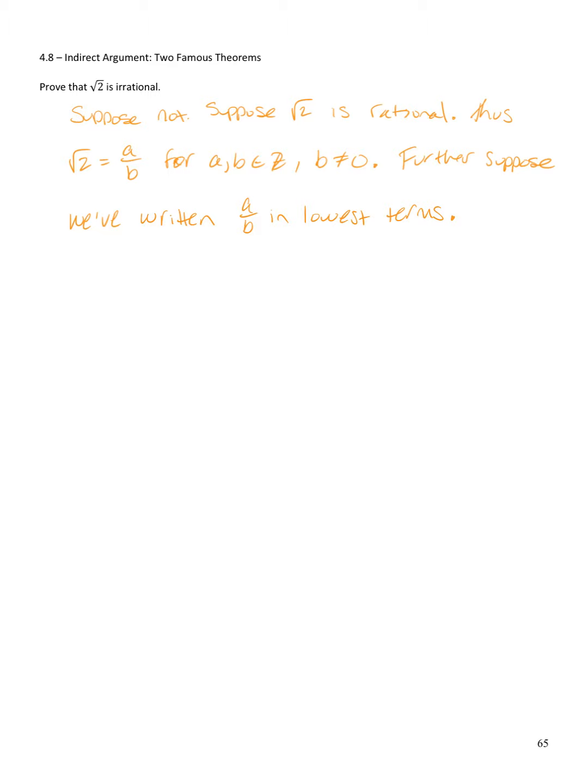So that should be possible for any rational number. If you can write it as a ratio of two integers, we can simplify that fraction and put it in lowest terms.